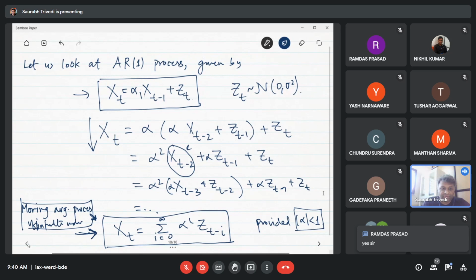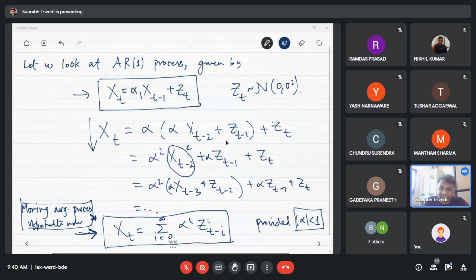So Ramdas says that it's clear that it is an infinite order moving average process.